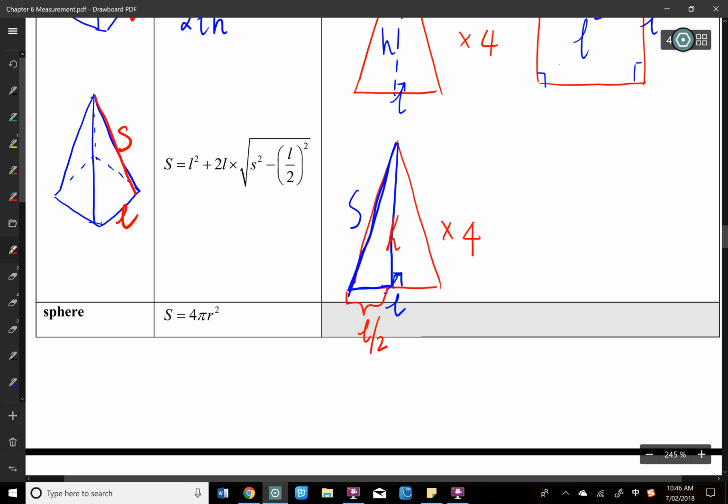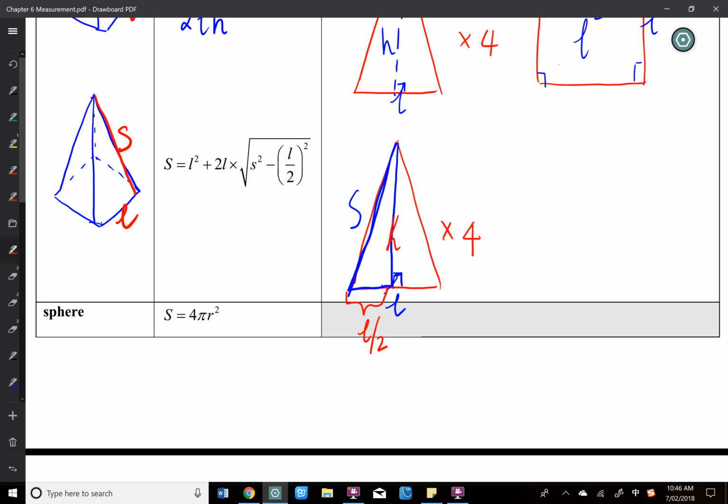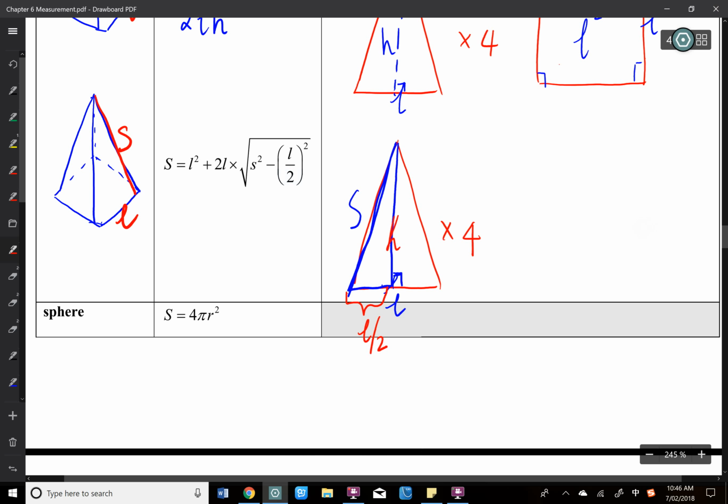Now A squared plus B squared will give you S squared using Pythagoras. It's not a right angle triangle, but we can cut it into half and make it a right angle triangle. So H squared plus (L over 2) squared equals S squared.